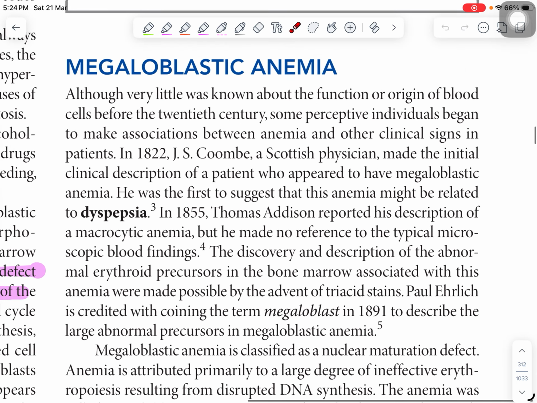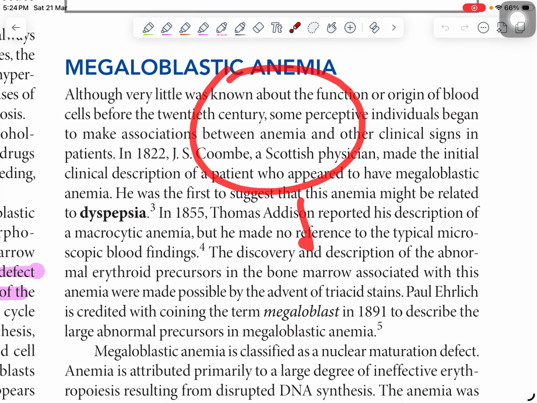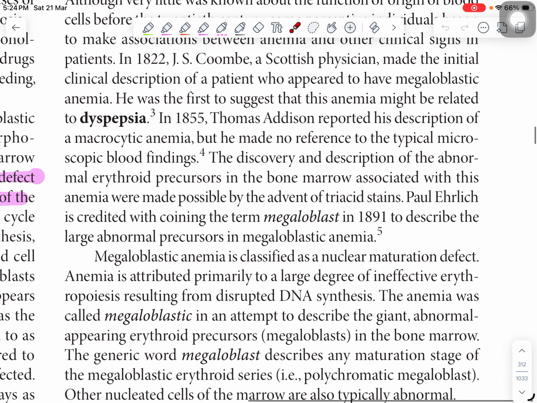Coming to megaloblastic anemia. Although very little was known about the function or origin of blood cells before the 20th century, some perceptive individuals began to make associations between anemia and other clinical signs. S.S. Coombe, a Scottish physician, made the initial clinical description of a patient who appeared to have megaloblastic anemia.